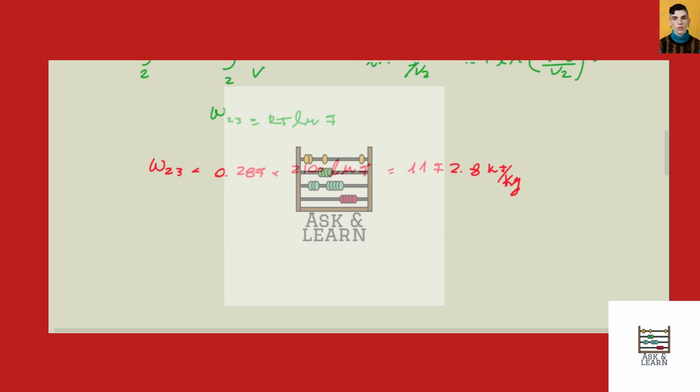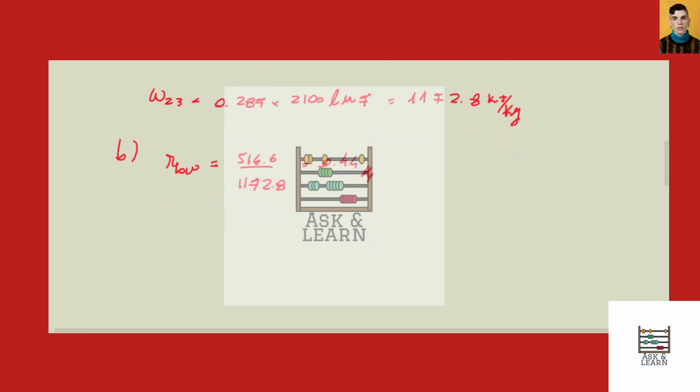And back to the ratio work. So the answer for part B, which is the ratio work, is going to be 516.6 divided by 1172.8, which gives us a back work ratio equal to 0.44, and that's the answer for part B.